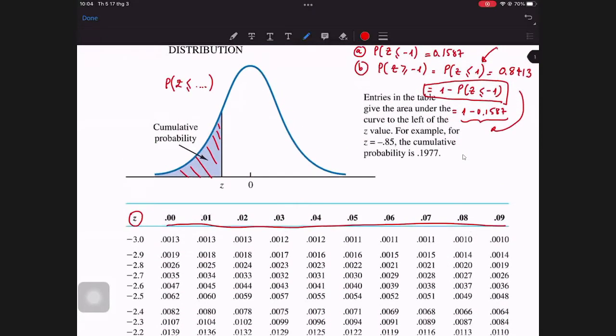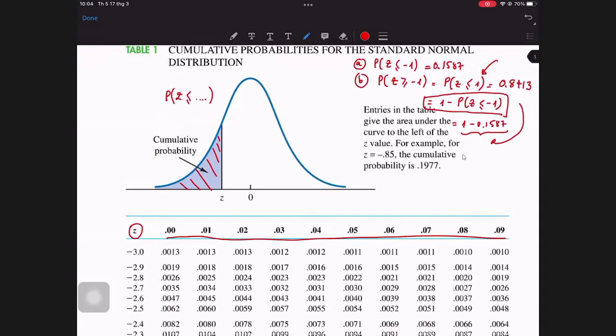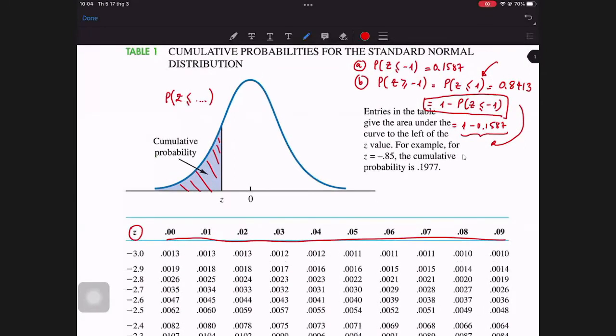I think that for the remaining values, you can just do it by yourself. But maybe we can do one more thing. P of Z greater or equal minus 1.5 will be equal to P of Z smaller or equal 1.5.